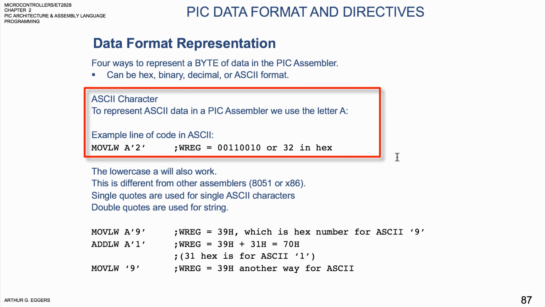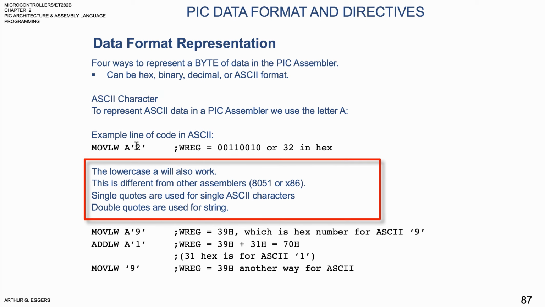You'd have to look in an index to see that a 32 in hex is a code value for an ASCII 2. The lowercase will also work, so you can use a lowercase a.